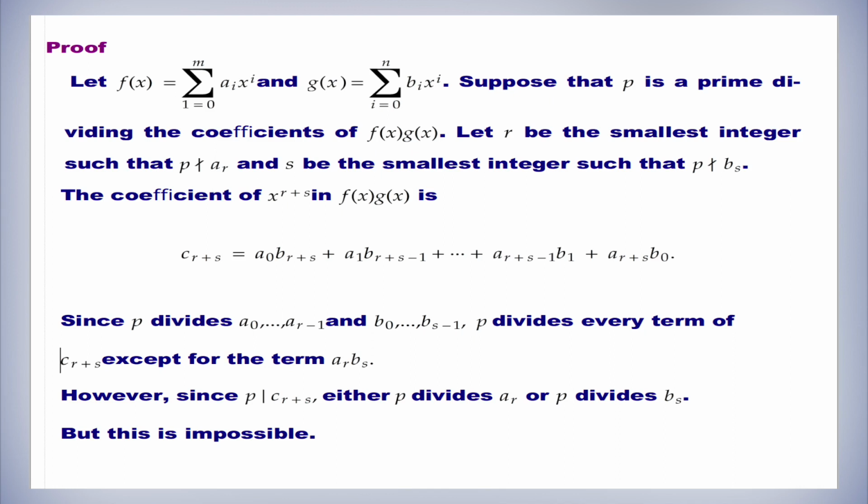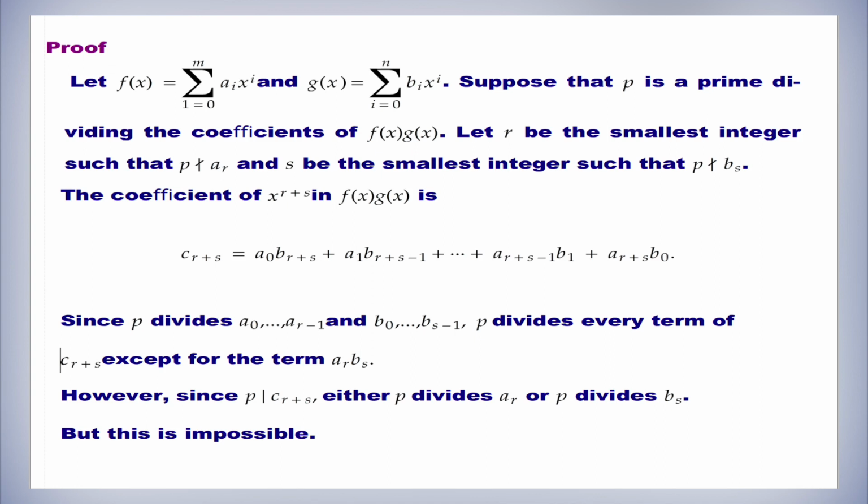The coefficient of x^(r+s) in f(x)g(x) is c_(r+s), which equals a_0 b_(r+s) + a_1 b_(r+s-1) + and so on up to a_(r+s-1) b_1 + a_(r+s) b_0.